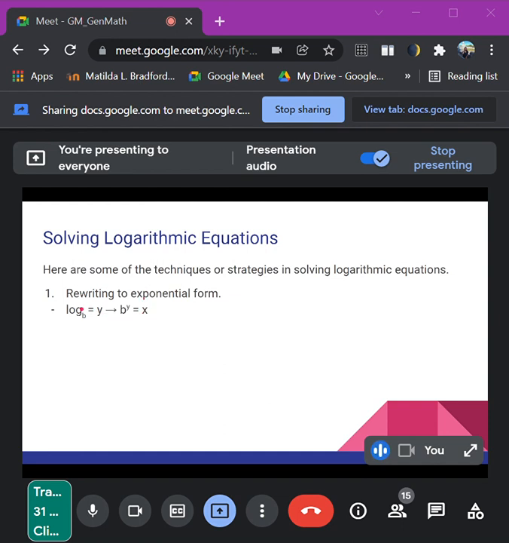Since we don't have a number right after your base, I just put there x, meaning it is unknown. I hope you can recall this because it will help you in solving logarithmic equations. So your base, your exponent, and then what is equivalent. Now let's go to number 2.